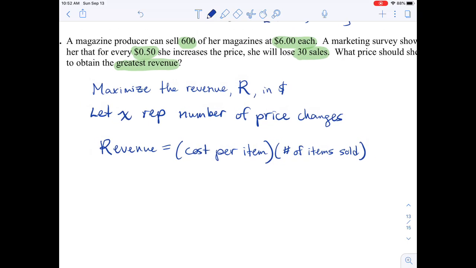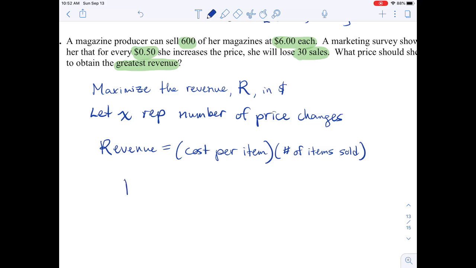So again, in a normal year for this magazine producer, she would have a cost of $6 each, and then would multiply by the 600 magazines that she's sold. That would be her normal revenue calculation. But now we're trying to do a revenue calculation of a price that could potentially be changing. So it needs to involve this new price change factor, x.